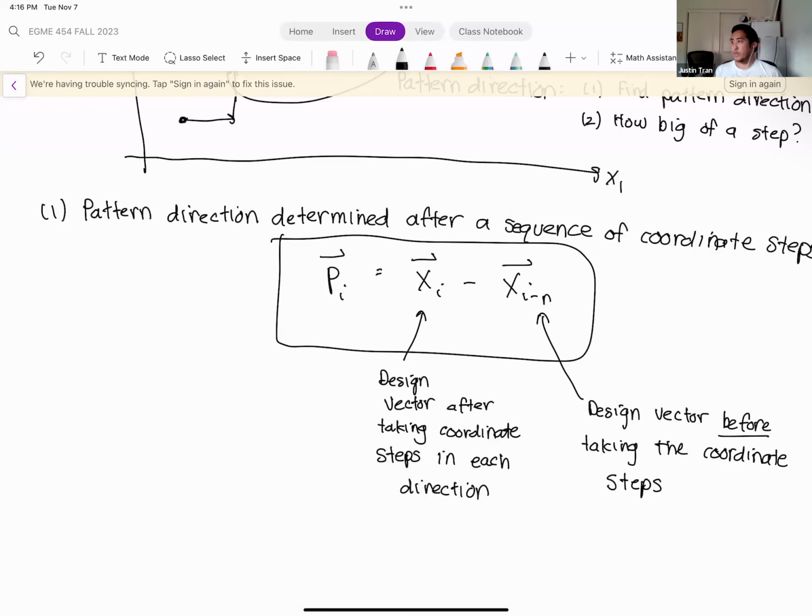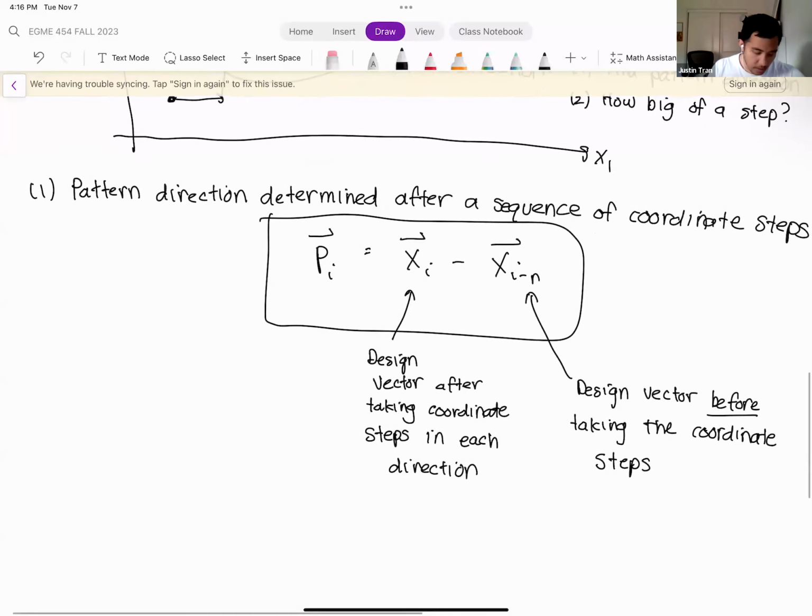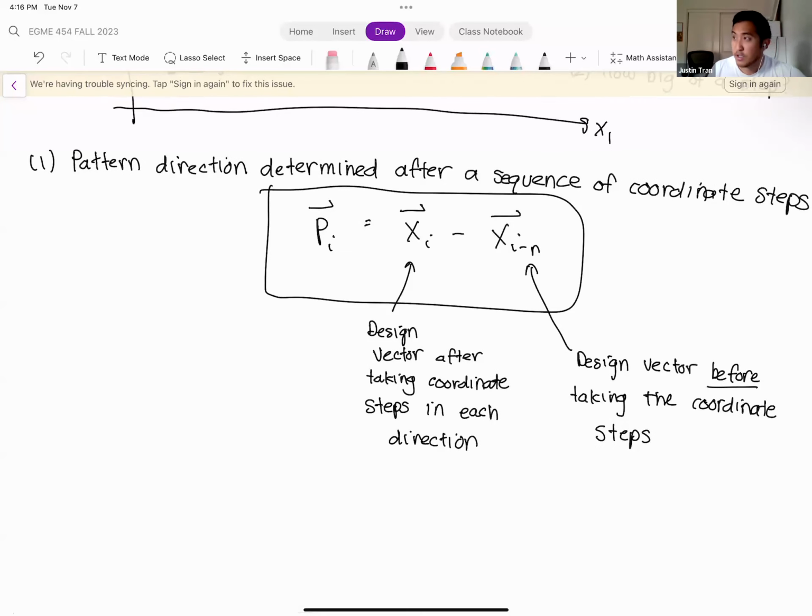So we're relying on the vector algebra definition of a pattern direction, and it's just a difference of two points. That's relatively straightforward, and once we look at the code, you'll see that it's pretty simple too.